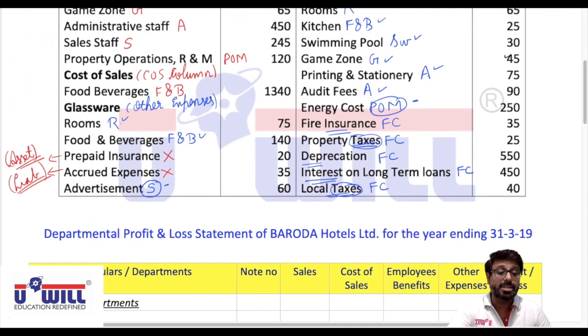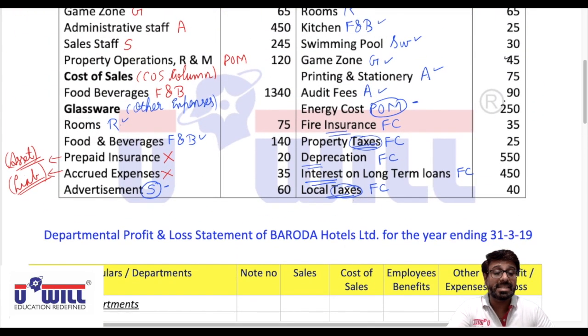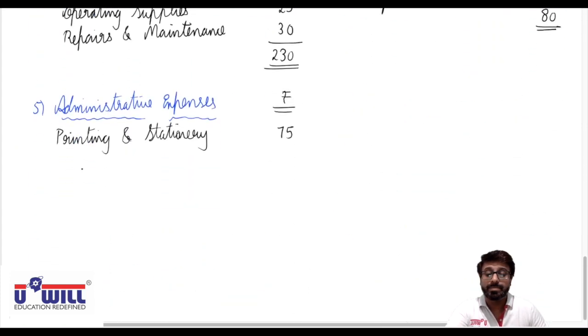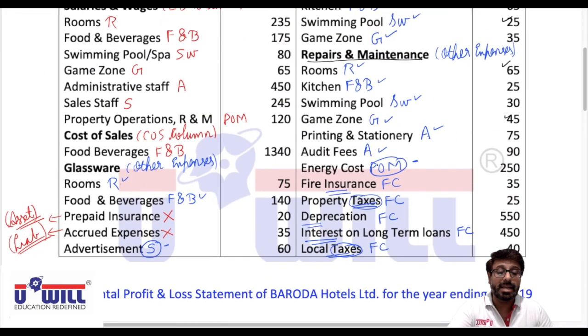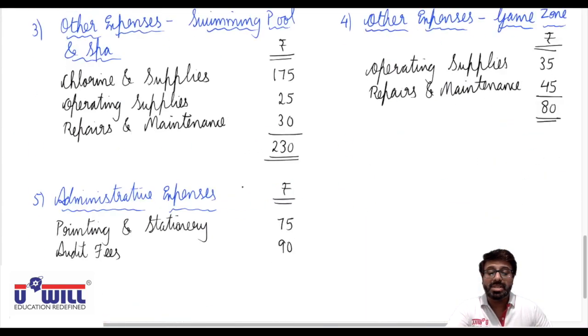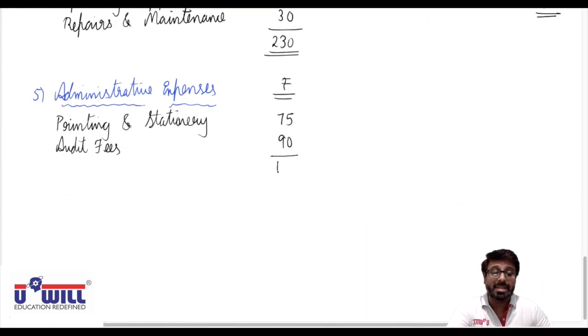And after printing and stationery, audit fees is 90. Anything else marked as A? Nothing else is marked as A. So 75 plus 90, 165.